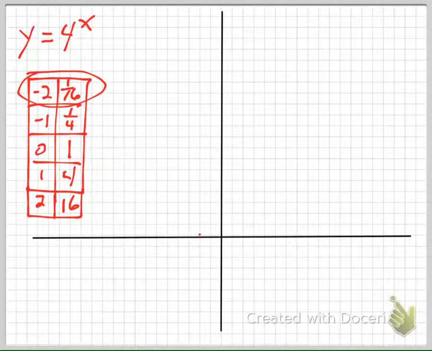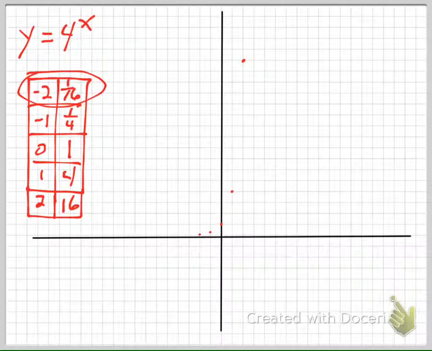You see what I'm talking about? -1 is 1/4, which would be something like right there. When x is 0, y is 1. It's right here. When x is 1, y is 4. And when x is 2, y is 16.